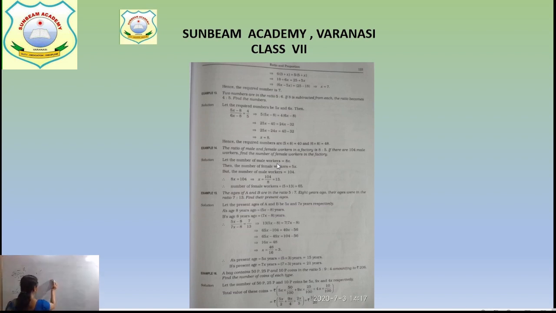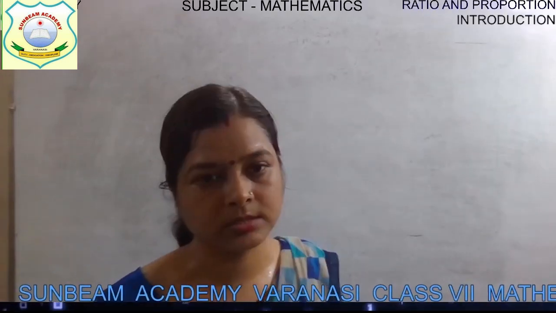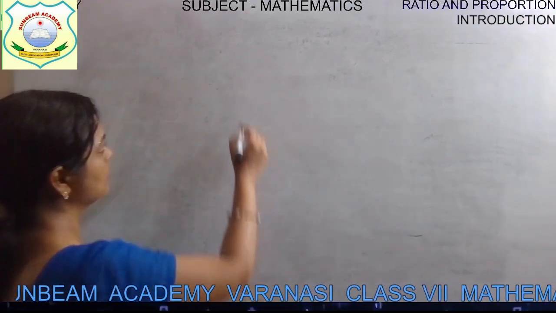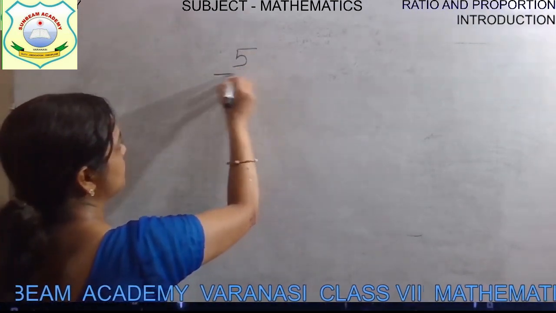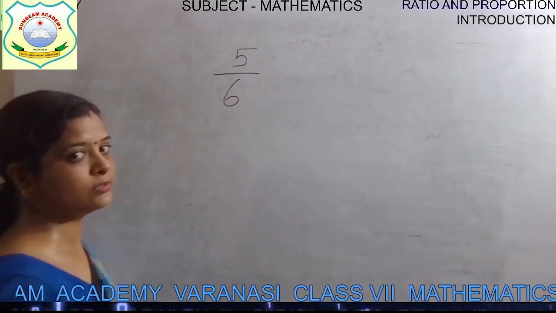First of all, we will take the question word by word. We will clear each sentence and then we will frame the solution. The question is already framed. Two numbers are in the ratio 5:6.